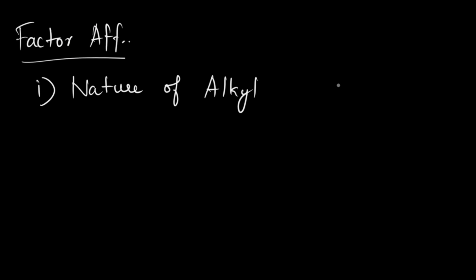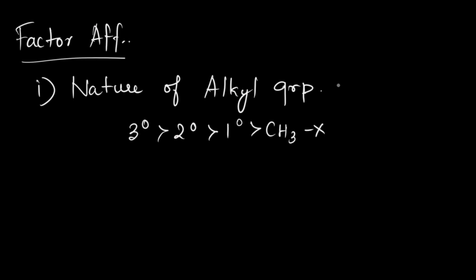So the stability of the carbocation determines the rate of the reaction. Tertiary carbocation is more favorable, then secondary, then primary, then methyl. So you have to take care of that.